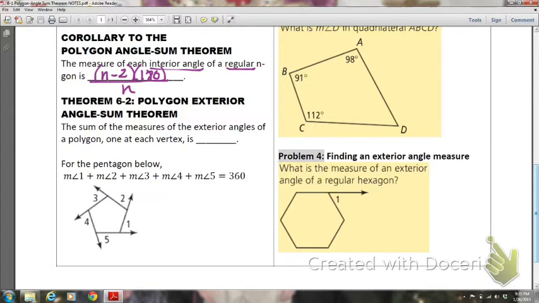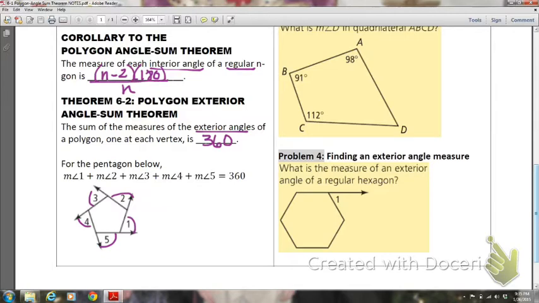The next theorem is the polygon exterior angle theorem, and it indicates that the sum of the measures of the exterior angles of a polygon, one at each vertex, is always going to be 360. So for this pentagon below, the measure of angle 1 plus the measure of angle 2 plus angle 3 plus angle 4 plus angle 5 is going to be a total of 360.